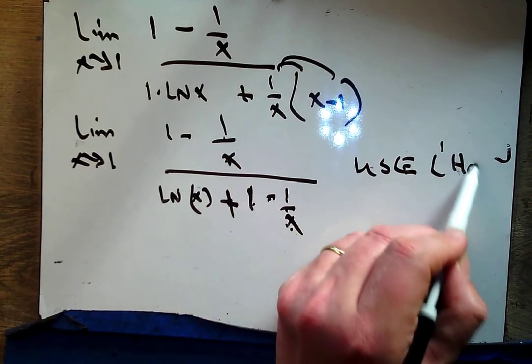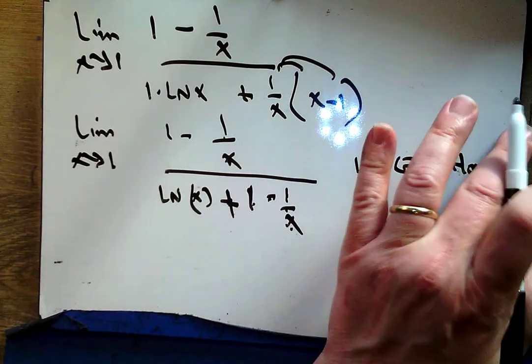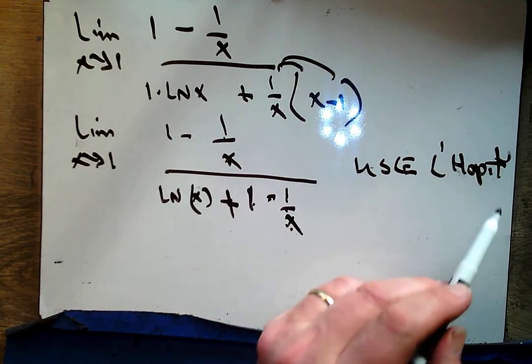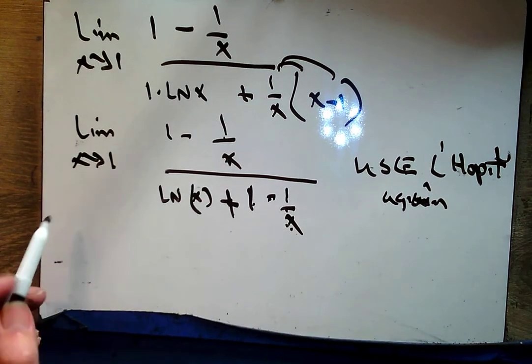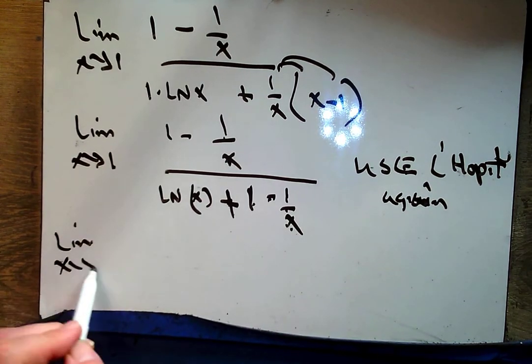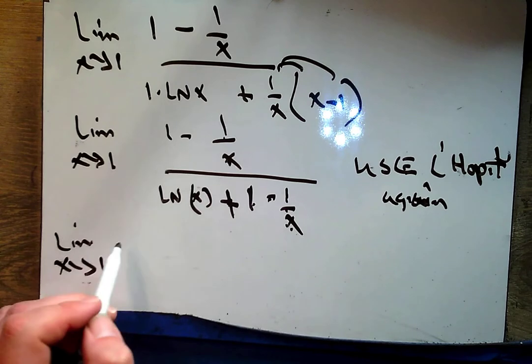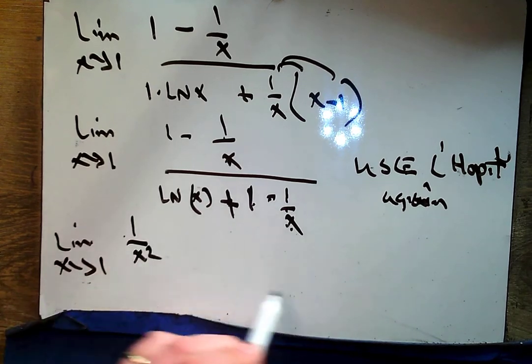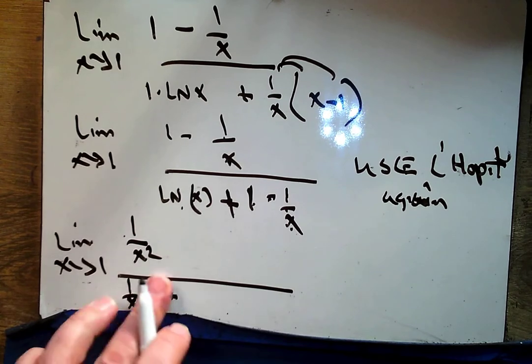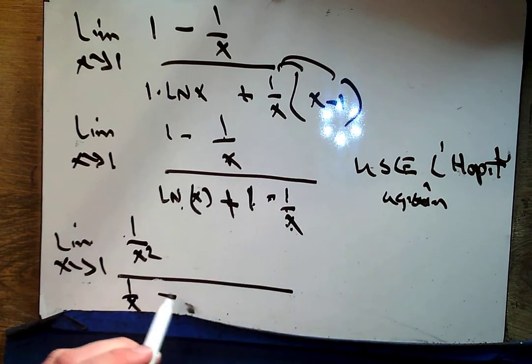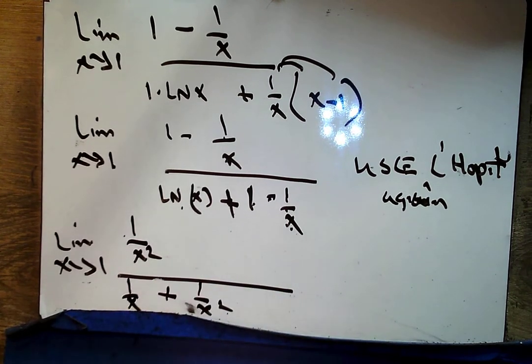And since I've already explained that I know the precondition, I think I can get away with that. And so I have a limit as x approaches 1 of 1 over x squared over 1 over x plus 1 over x squared.